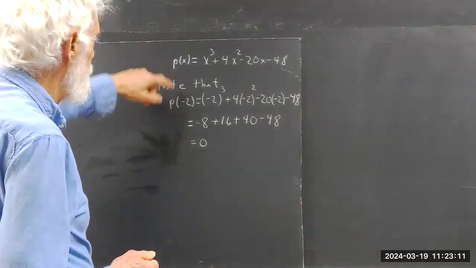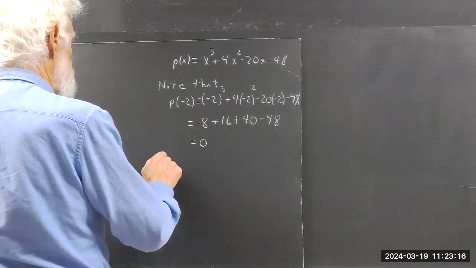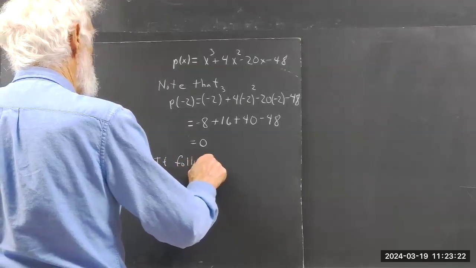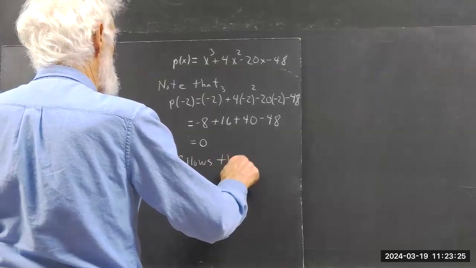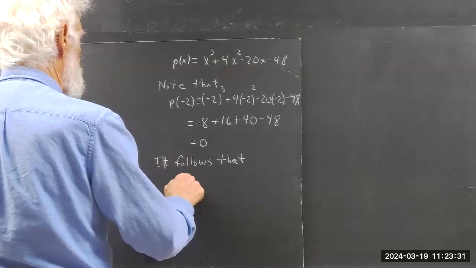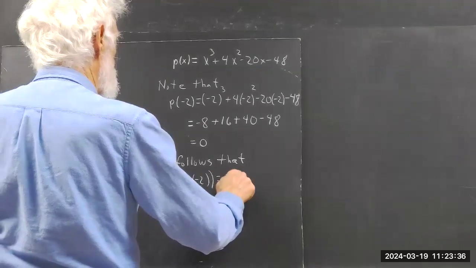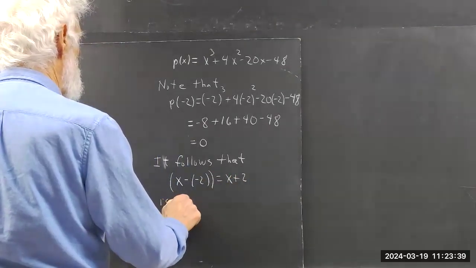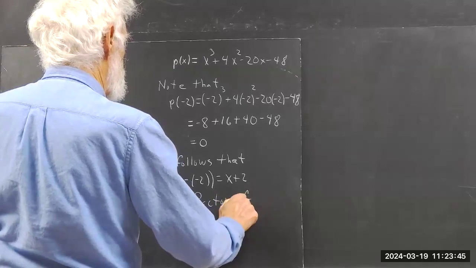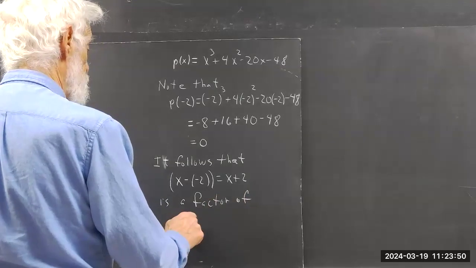Okay, so p of -2 is 0. It follows that x minus -2, which is x plus 2, is a factor of p of x.